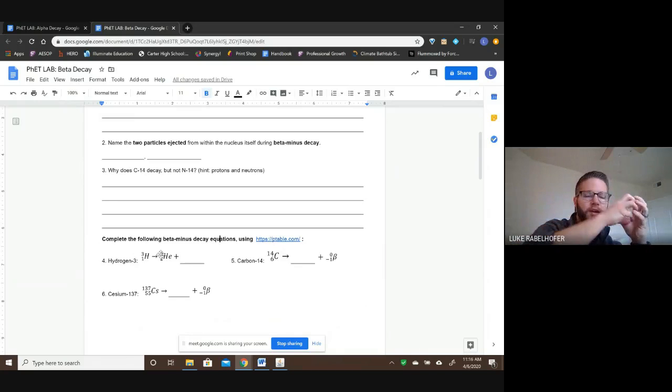So if one turns into the other, the mass doesn't actually change. But when it turns into a proton, it does gain another proton in that sense, right? And then that changes what type of atom it is. So because it now has 2 protons, we call it helium. So hydrogen turns into helium, and then it shoots off this beta particle, which is a high energy electron.